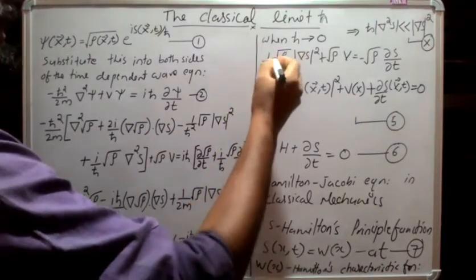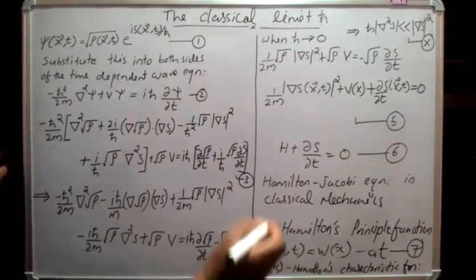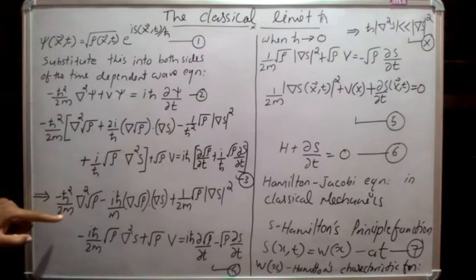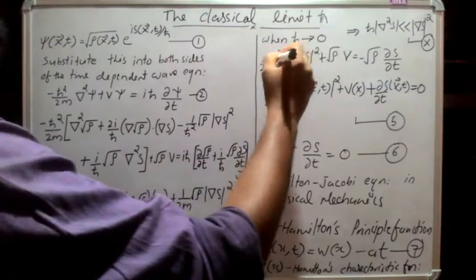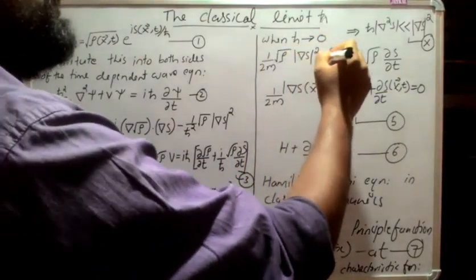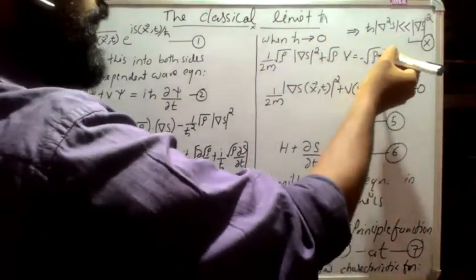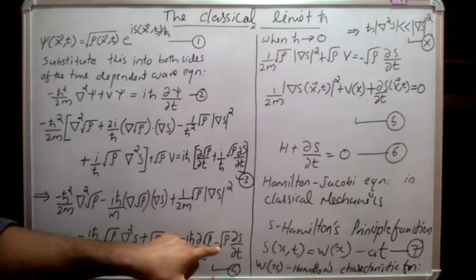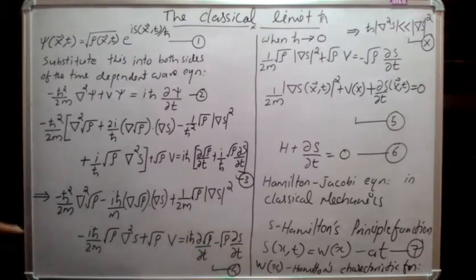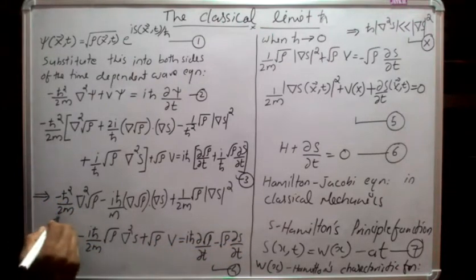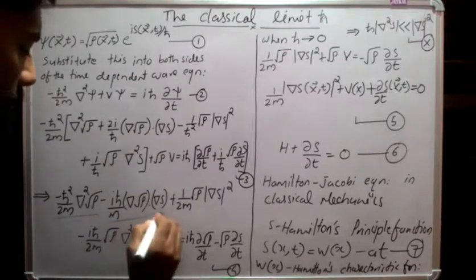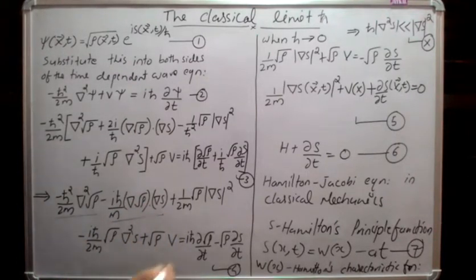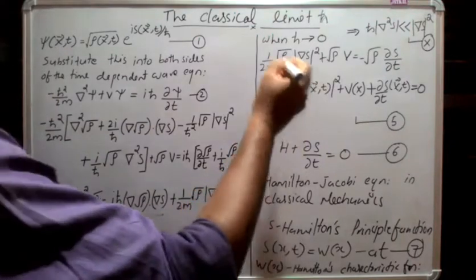So we can manipulate the equation by taking the remaining terms, which don't have h cross, as 1 over 2m square root rho mod del S whole squared plus square root rho V equal to minus, this having h cross, so minus square root rho dou S by dou t. The terms having h cross are these, and the remaining terms I have chosen here.